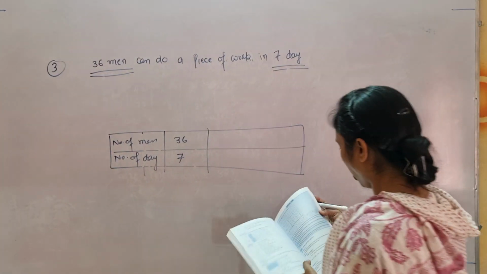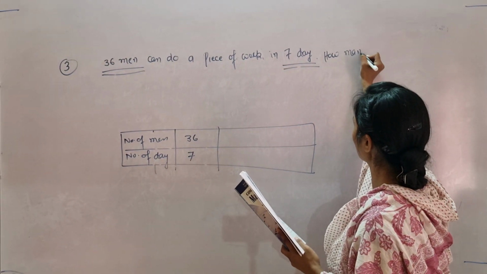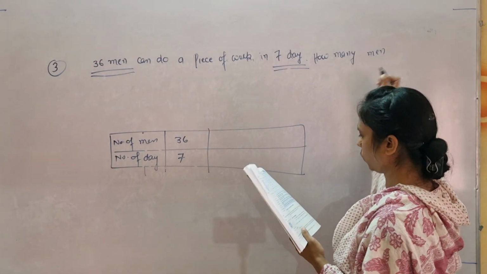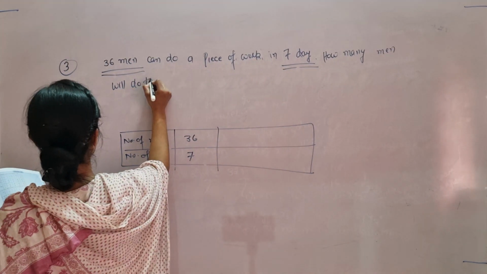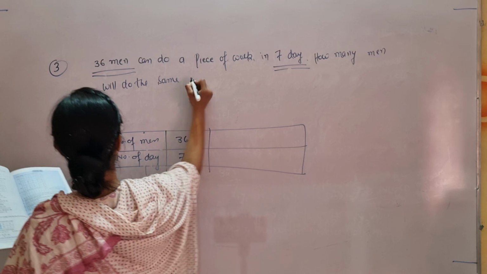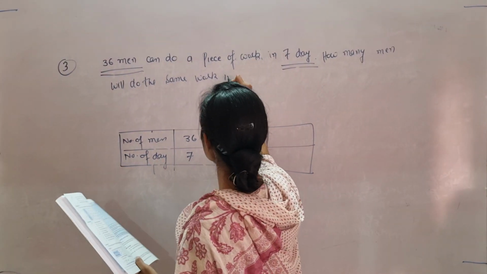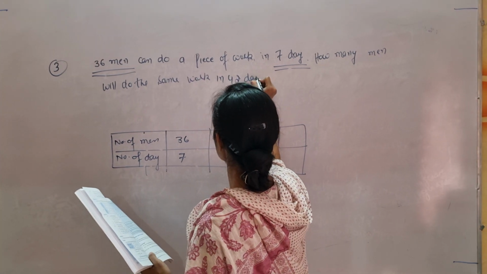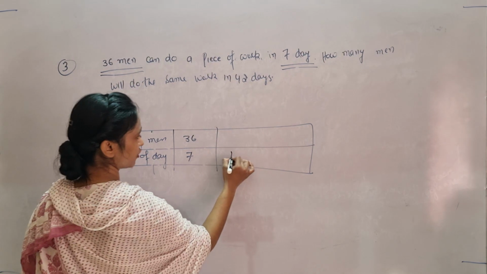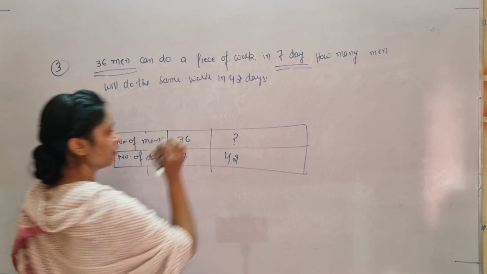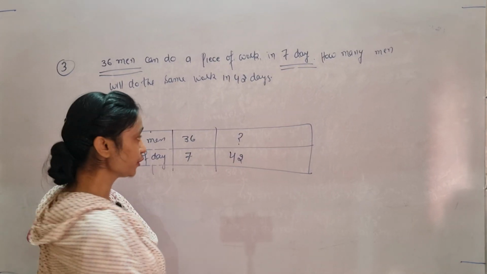What next? How many men will do the same work in 42 days? Okay, so the number of days is given to you. You need to find how many men can finish this work in 42 days.